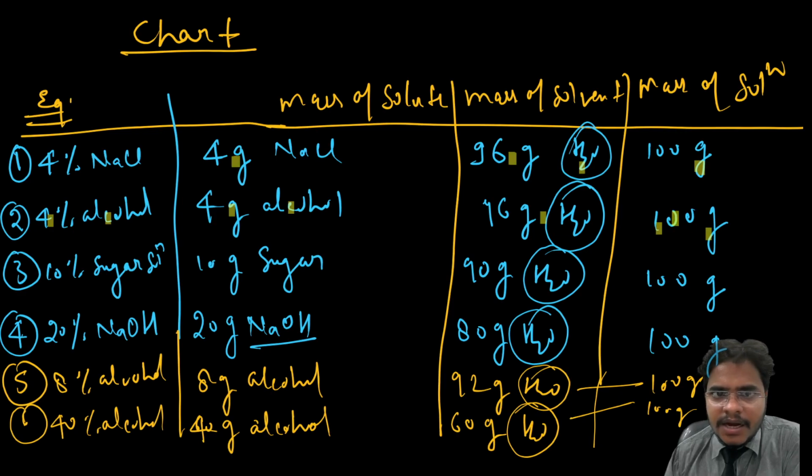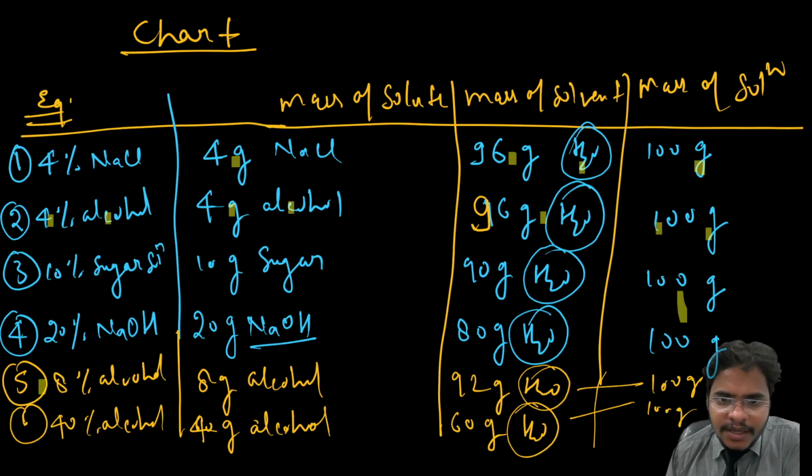Total mass is 100 gram. And we have another example, the 10% sugar solution means the 10 gram of sugar dissolved in 90 gram of water. The total mass of solution is 100 gram. And the 20% NaOH solution means 20 gram NaOH dissolved in 80 gram of water. The total mass of solution is 100 gram.